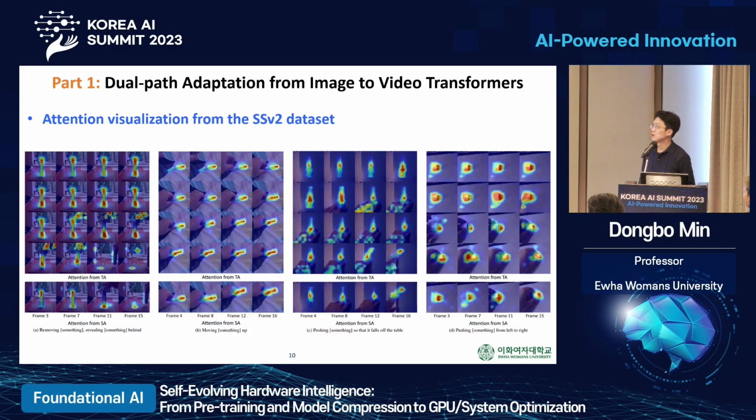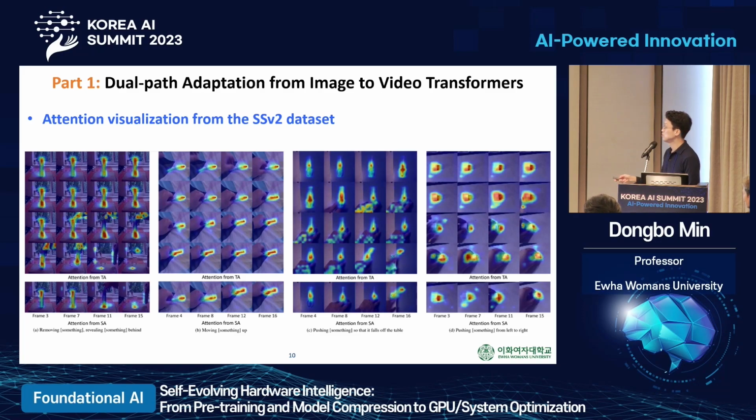And then let's take a look at the attention from the data set. For instance, this one is attention from the temporal adaptation and attention from the spatial adaptation. Here we are pushing something so that it falls off the table.